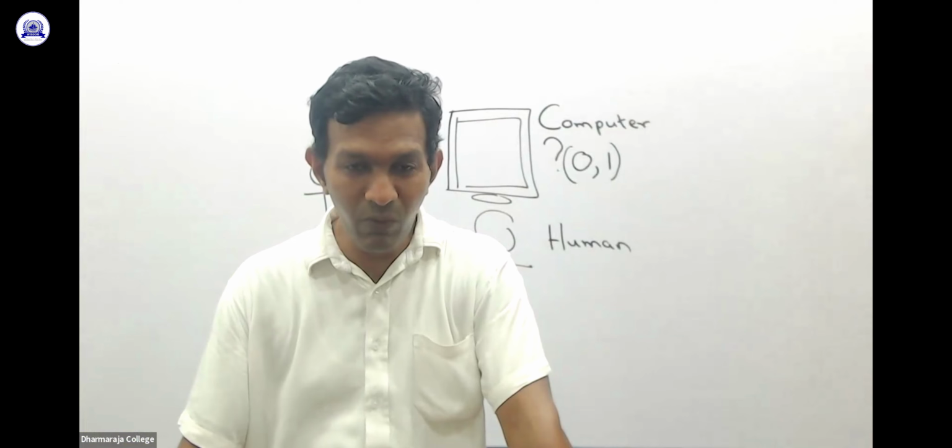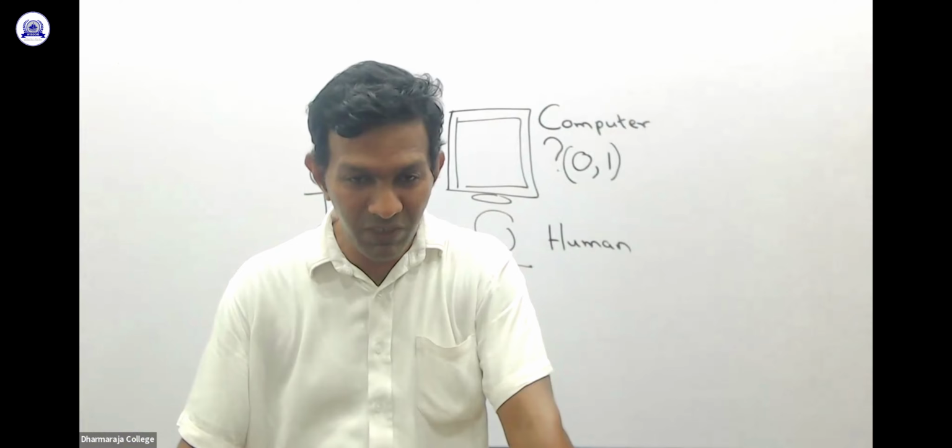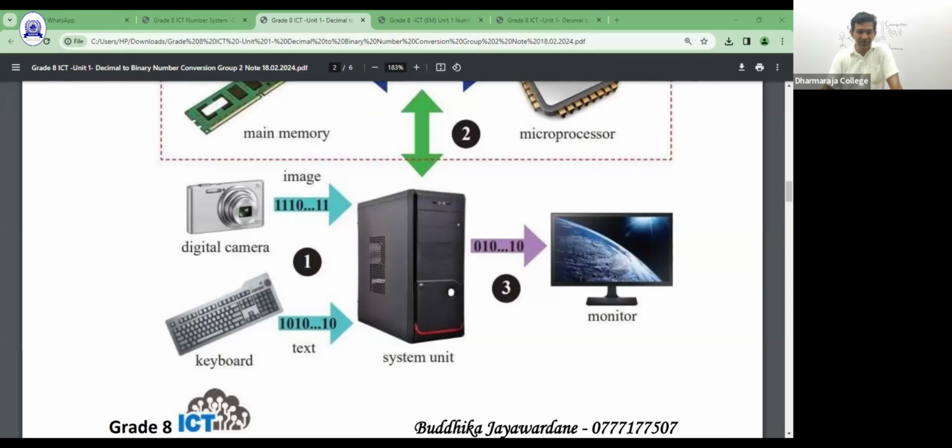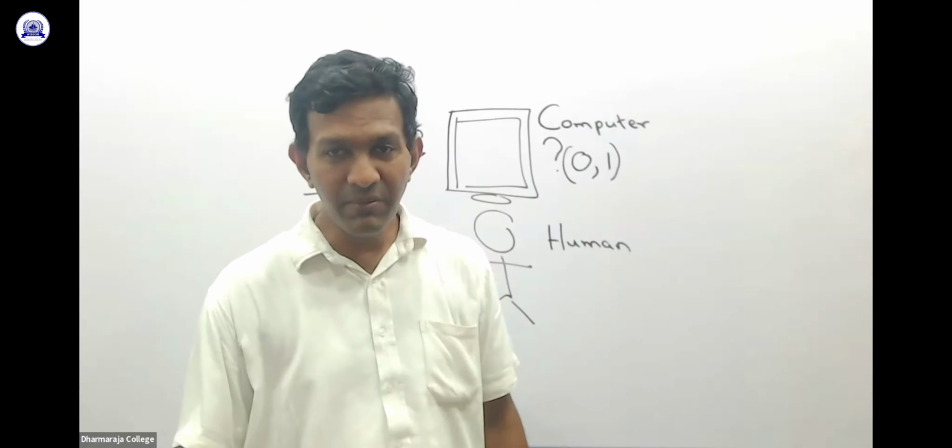We will see now what this number system is about. In decimal, we have 0 to 9, and it has 10 as the base. In hexadecimal, we have 0 to F, having 16 as the base. If you take these number systems, you can see a pattern.